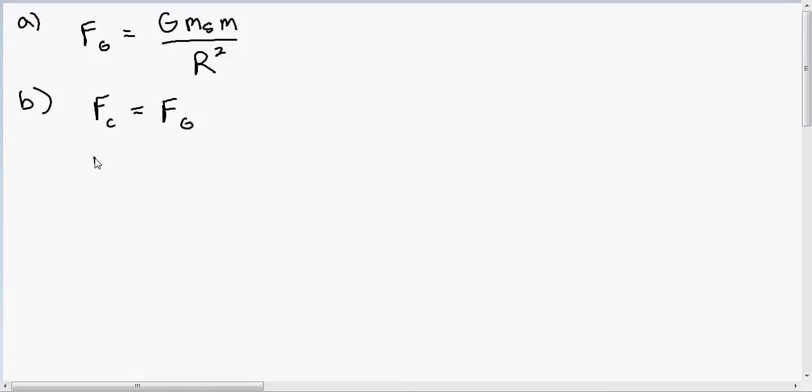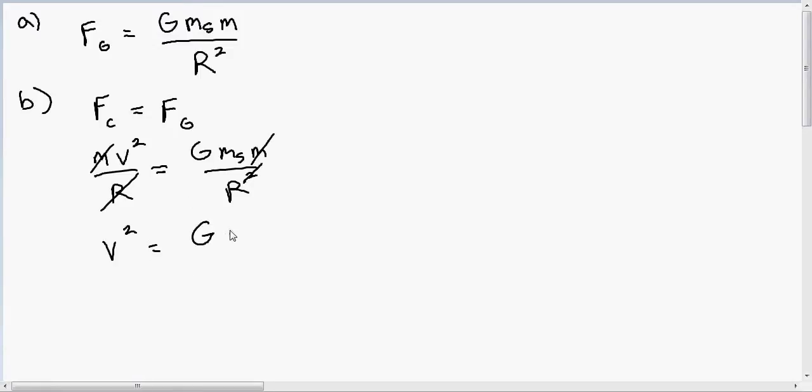So mass times velocity squared over radius equals what we found in part A. One of the r's can cancel on both sides, and the mass of the moon can cancel, leaving velocity squared equals gravitational constant times mass of Saturn over the radius.